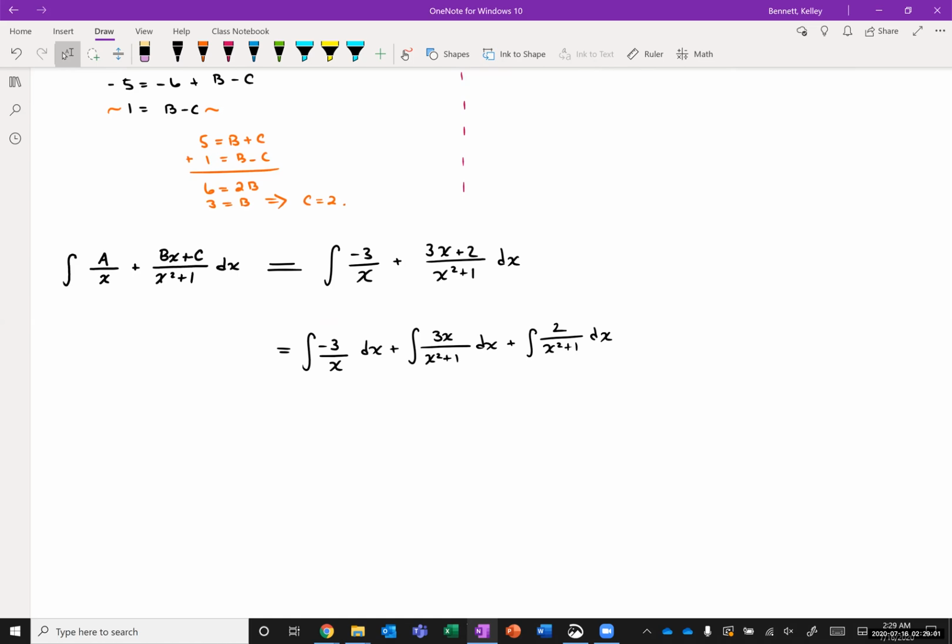Hopefully you know that. So the middle guy is a u sub, but you already know how to do that too. But let's walk through it. So if you let u be x squared plus 1, then 1/2 du is x dx. So what you'll end up with is that the center integral is going to be 3/2 du over u.